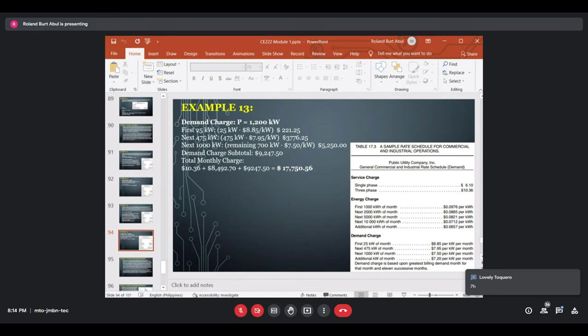And next, kuhaon ang next 1,000, pero after ma-deduct ang 25 plus 475, that's roughly 500 kilowatts. Pila na lay nabilin sa kilowatts? 1,200 minus 500 is equal to 700, which i-multiply nato sa $7.5 per kilowatt nga rate. I-multiply lang nato silang tulo, then i-add up, so demand charge subtotal of $9,247.50.